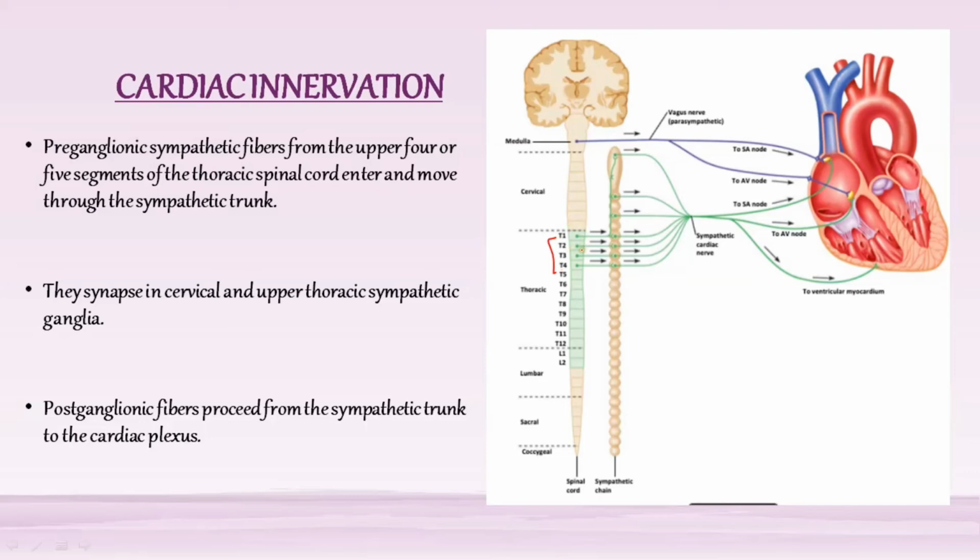1, 2, 3, 4. Now the green lines which are present below these arrows are the preganglionic sympathetic fibers. Look at the picture carefully. These green lines present below these 4 arrows are the preganglionic fibers which arise from upper 4 to 5 segments of the thoracic spinal cord.